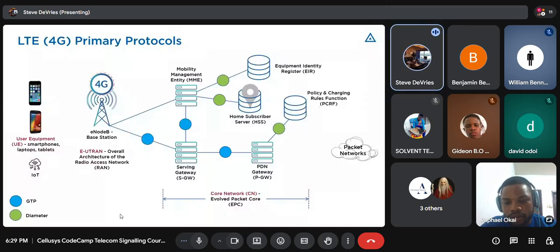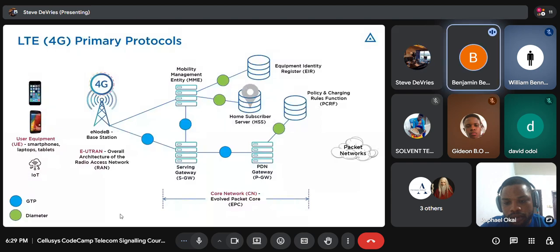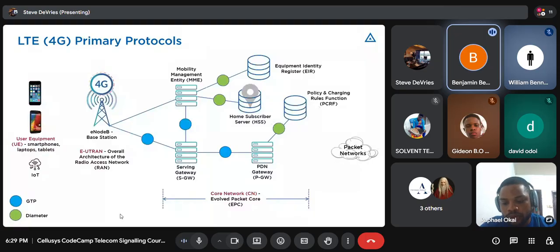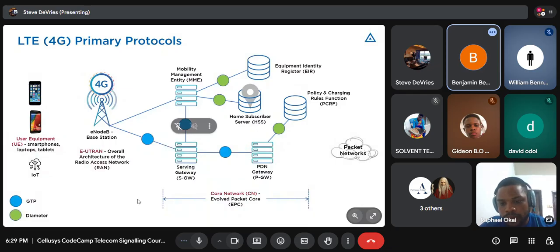There were three main things, so I wanted you to go over them again: the first one is a flat architecture, then there's an IP change, but the third one I did not get.